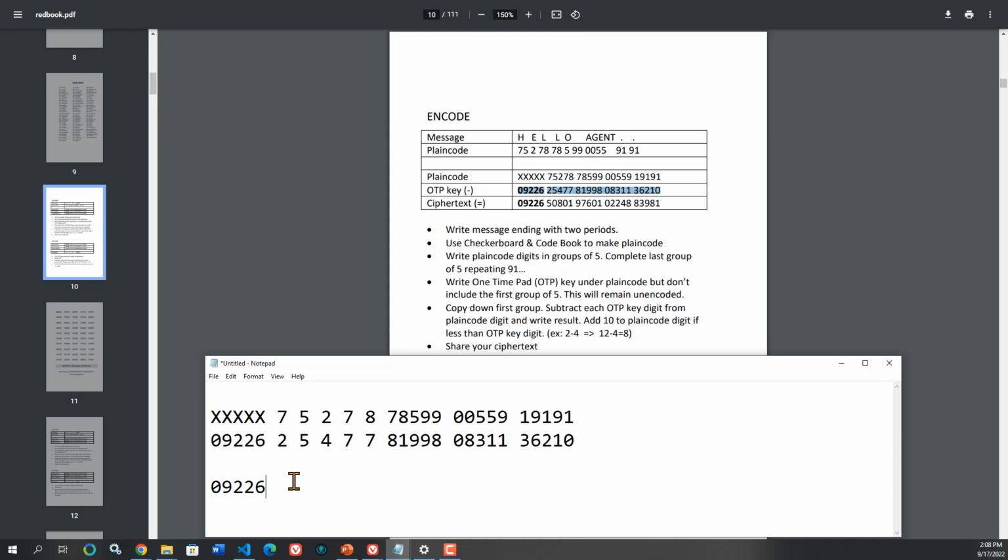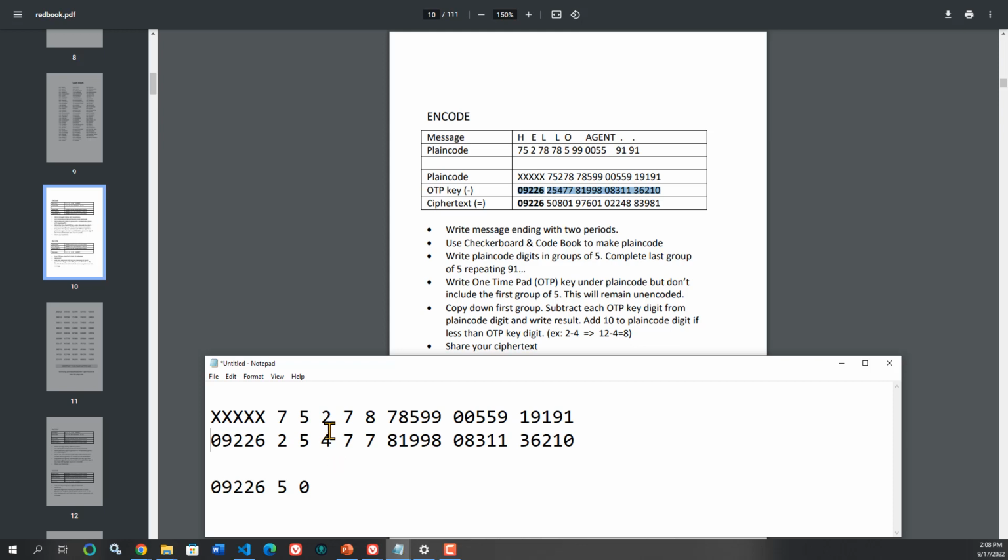Then we do this math problem: 7 minus 2 is 5. It's just the top number minus the bottom number. So 5 minus 5 is 0. 2 minus 4 is going to come out as a negative number, and we can't have a negative number.